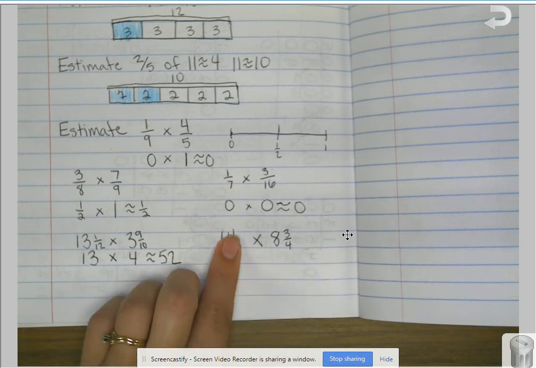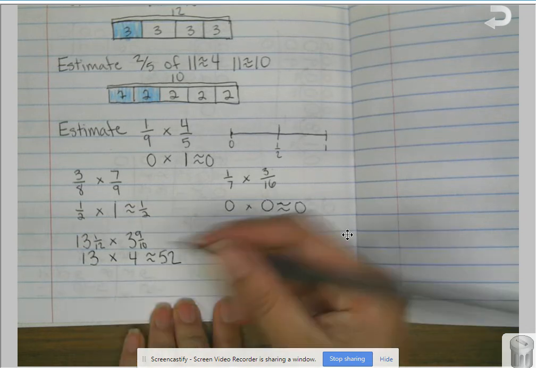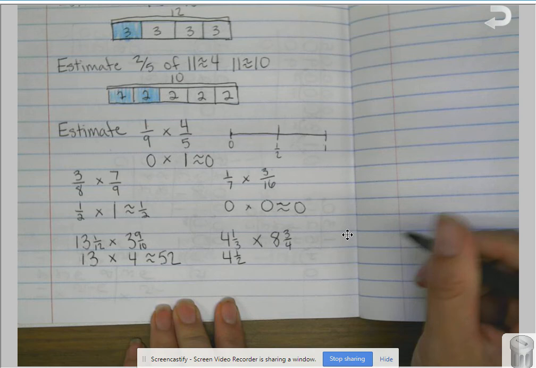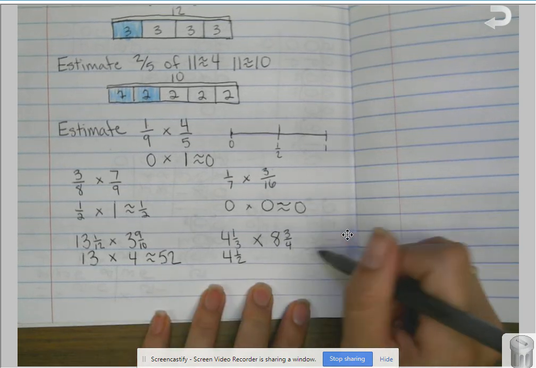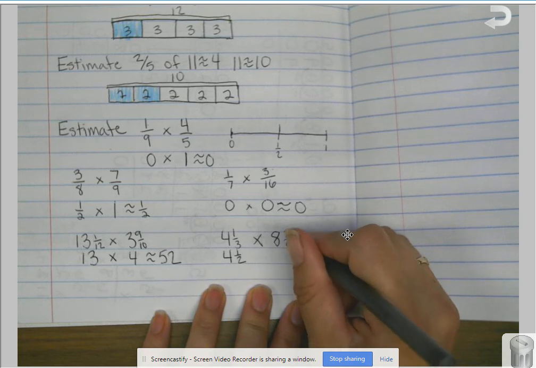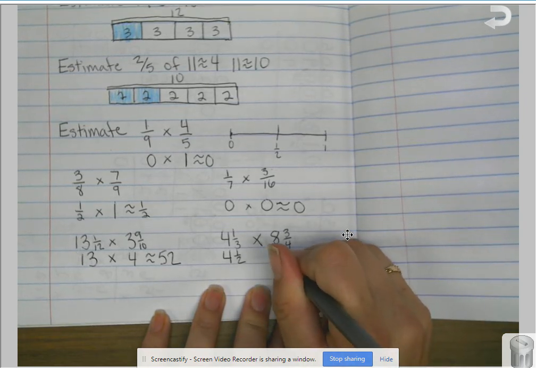Okay, 1 out of 3 pieces. I could look at that as 4 and a half. So I'm going to write that as 4 and a half. This one here, 8 and 3/4. 3/4 is almost 1 whole. So I'm just going to round it to 9.